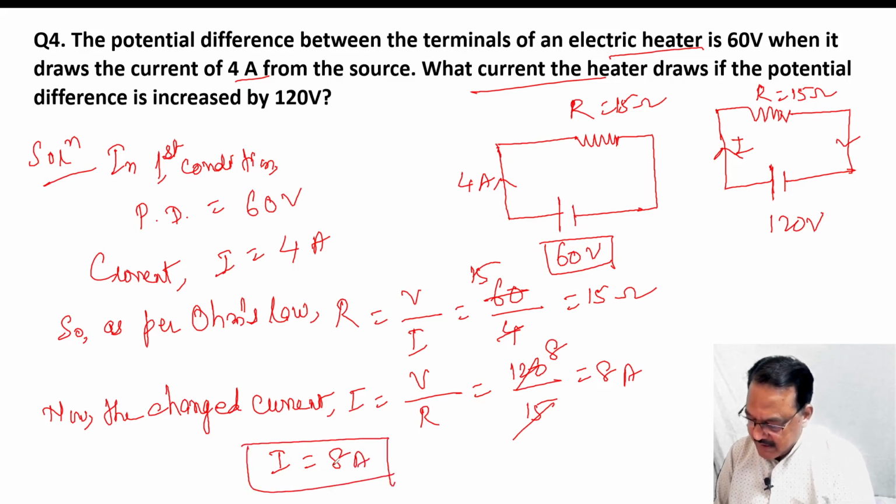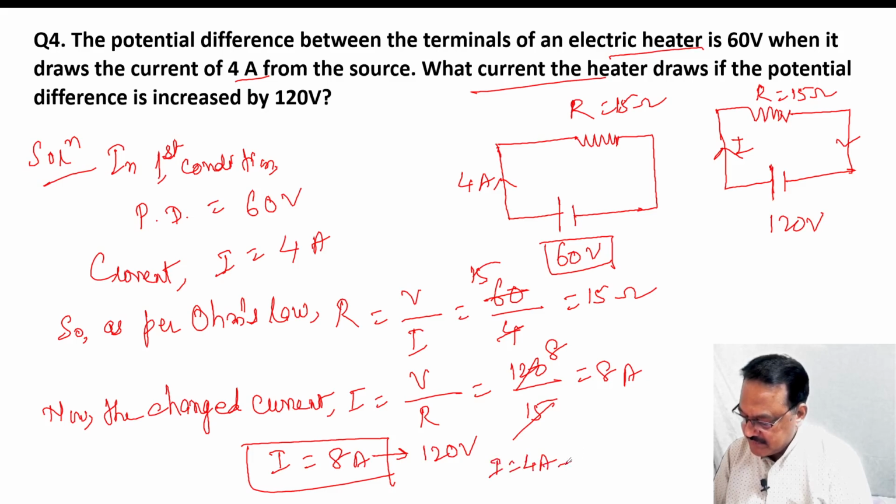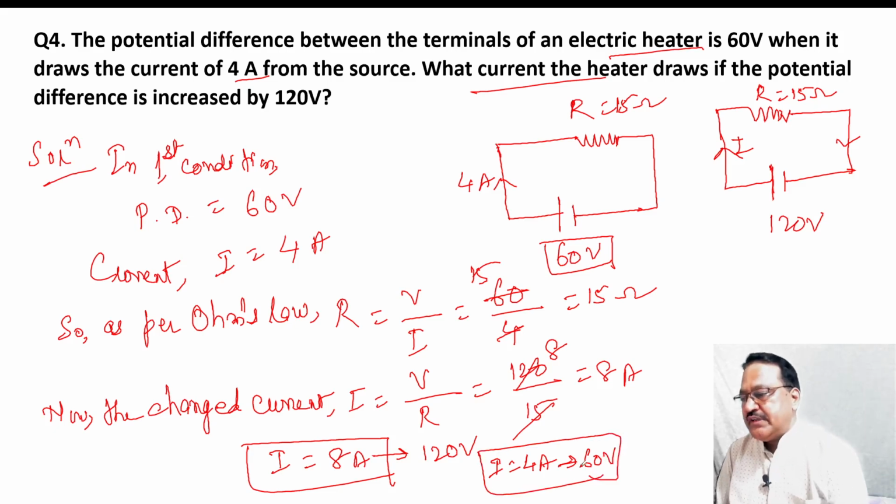See, I is equal to 8 ampere when the voltage is 120 volt, and in first condition when I was 4 ampere, the voltage was 60 volt. It is proved also that when the voltage is increased, the current is also increased in the same ratio.